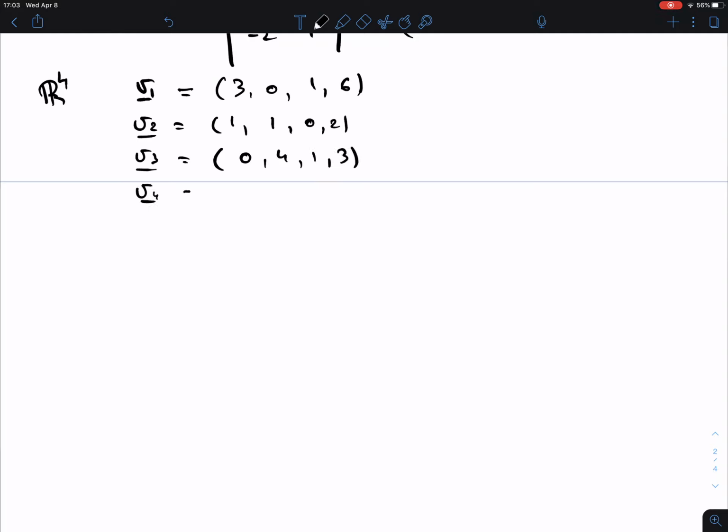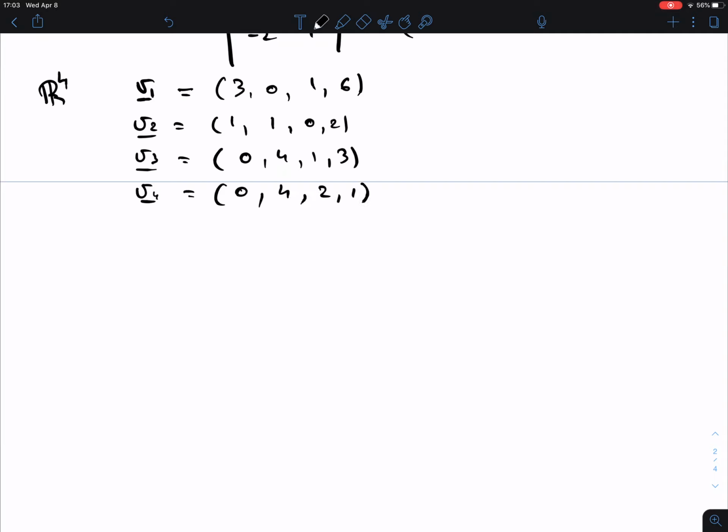I copied it wrong. So V1 is 3, 0, 1, 6. V2 is 1, 1, 0, 2. V3 is 0, 4, 1, 3, and V4 is 0, 4, 2, 1.